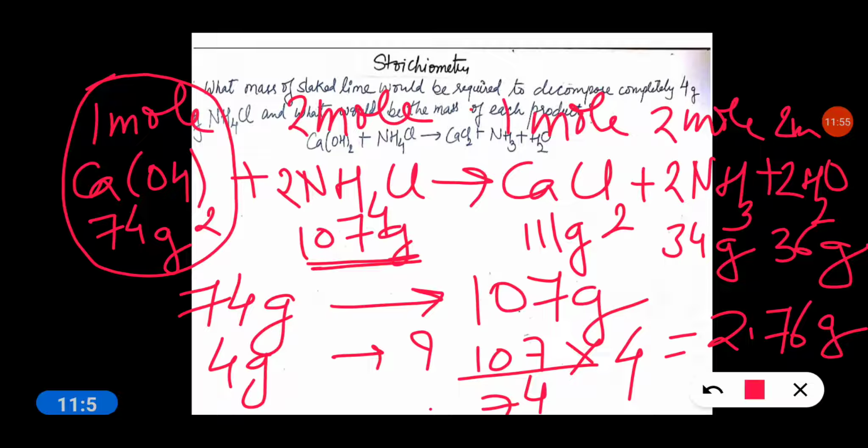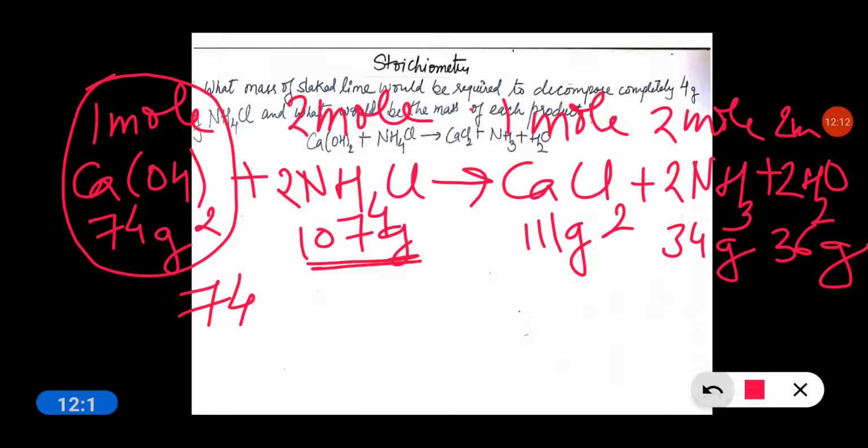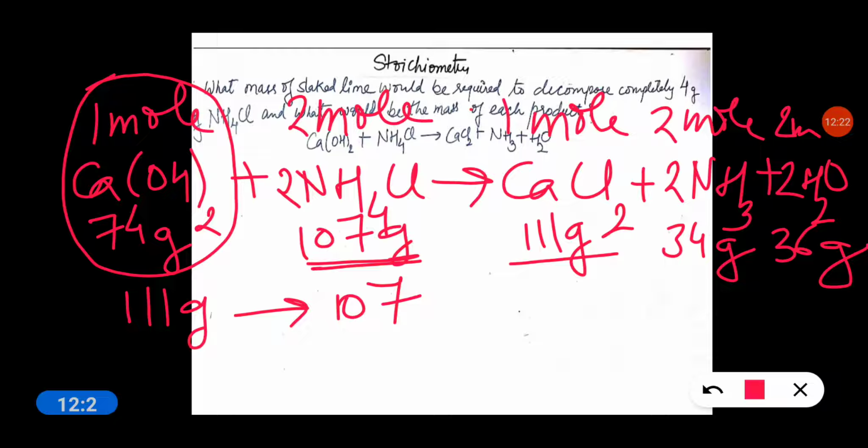Now here you have to calculate the mass of all three products, CaCl2, NH3 and H2O. So what will we do for all the three? In order to calculate the masses of all the three, you have to follow the same process. For example, in case of CaCl2, 111 gram of CaCl2 is obtained from 107.